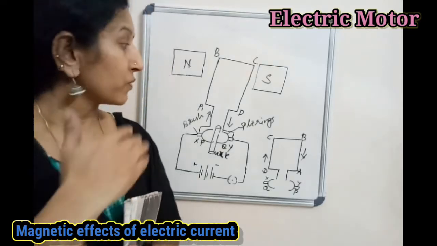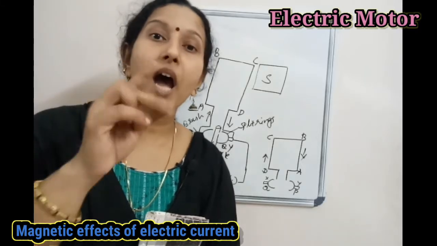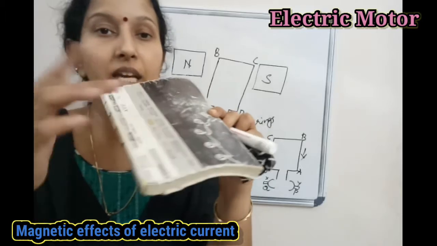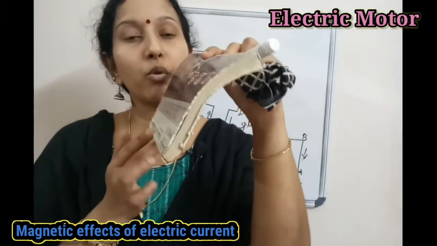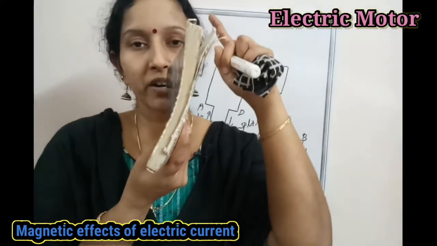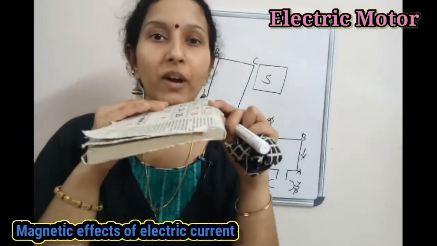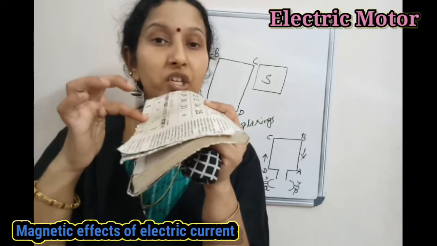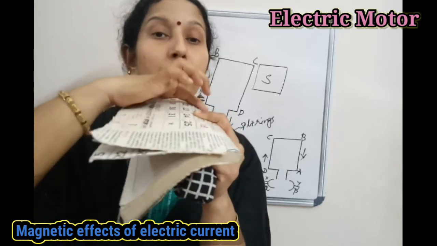Got it? So the force exerted on arm AB pushes it downward, and on arm CD it pushes it upward, right? So the rotation is like this. So now one rotation is over. After half rotation, the direction of the current is from DCBA.